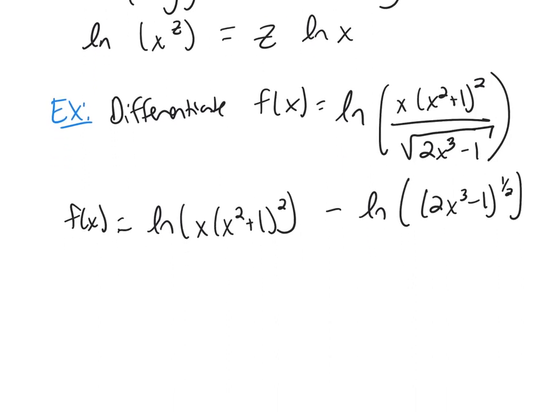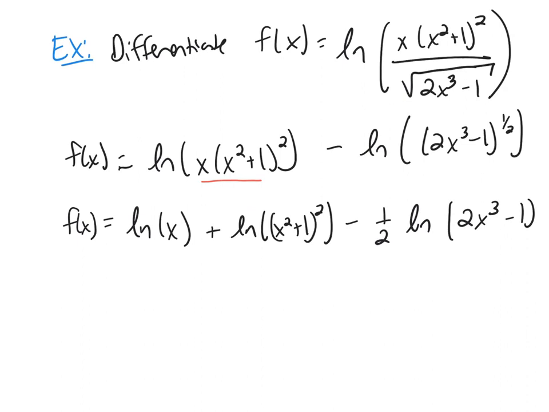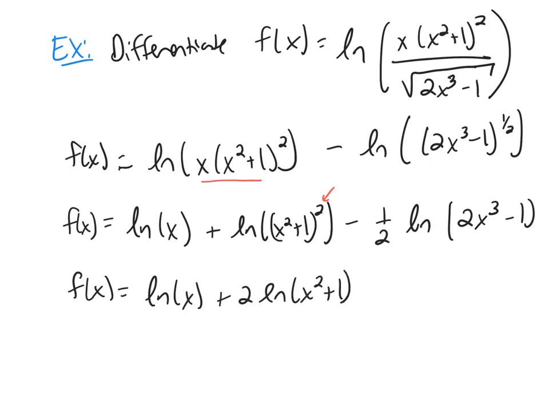And then here I have multiplication, so I can split that up into 2 natural logs with a sum there. ln of x plus ln of x squared plus 1 squared minus a 1/2, bring out the power. And then I can also do the same thing with this power right here. So finally, in the expanded form of this function, it would look like what I have right here.